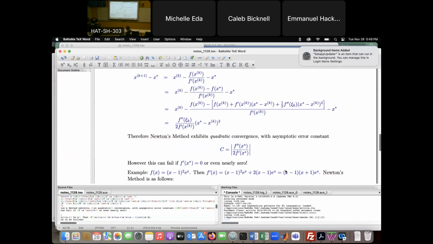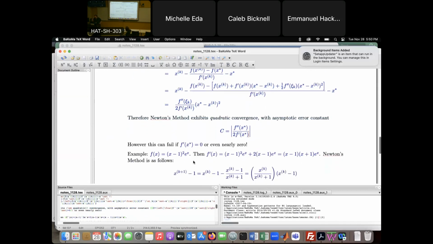So x equals 1 is a root of f of x and of f prime of x. In other words, x equals 1 is a double root. So since f prime of 1 is 0, this convergence analysis right here does not apply.